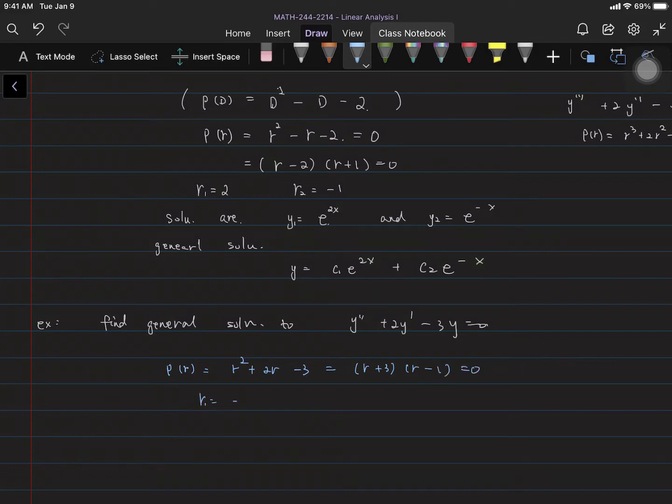So r1 equals -3, r2 equals 1. So what's the general solution? I'm going to write down the general solution directly: c1 e to the -3x plus c2 e to the x. That's all.